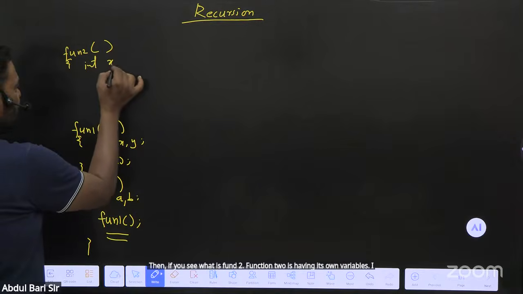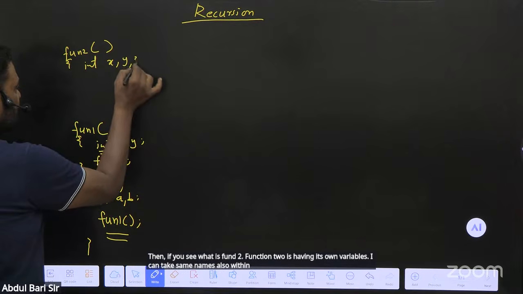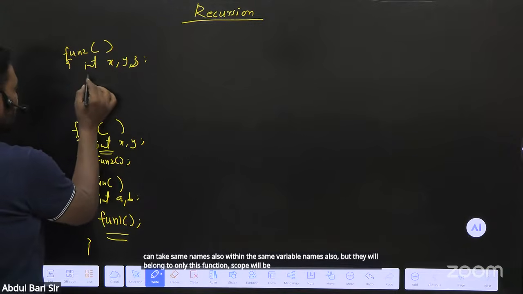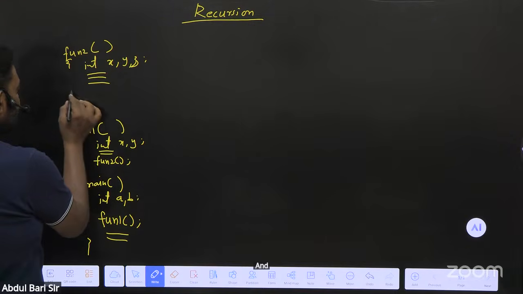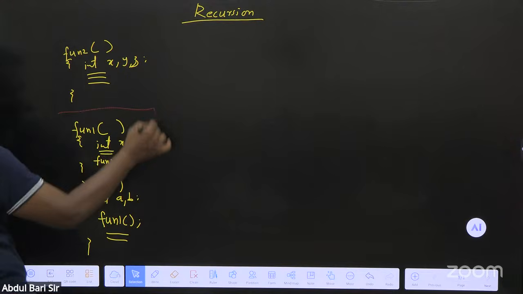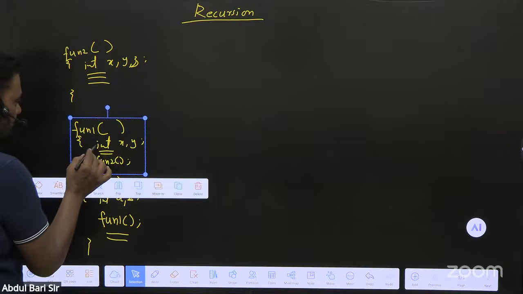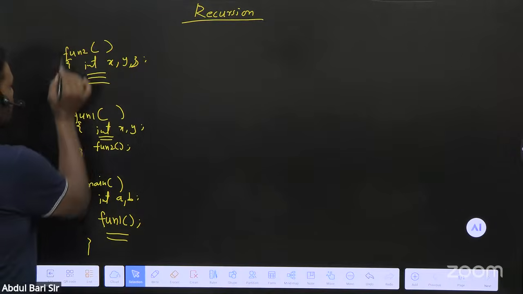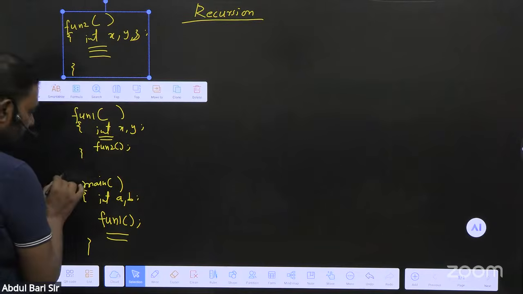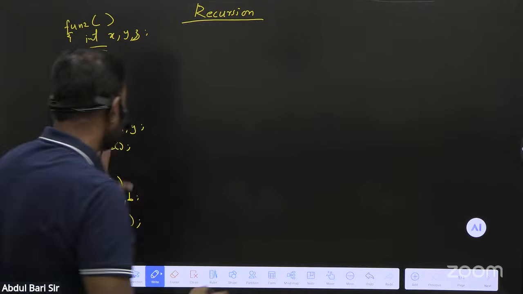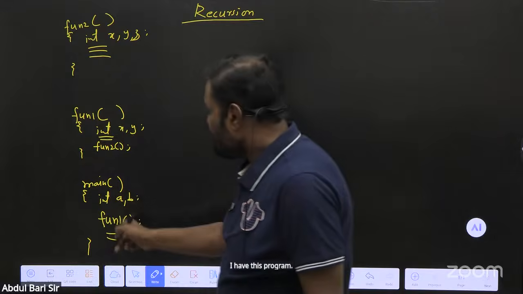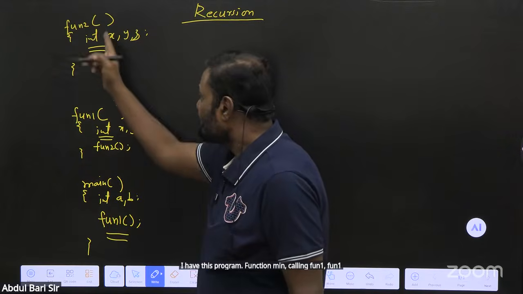I can take the same variable names also, because they will belong only to this function. Scope will be limited to this function only. And it is doing some work, and that's all. So I have this program: function main calling fun1, and fun1 calling fun2.